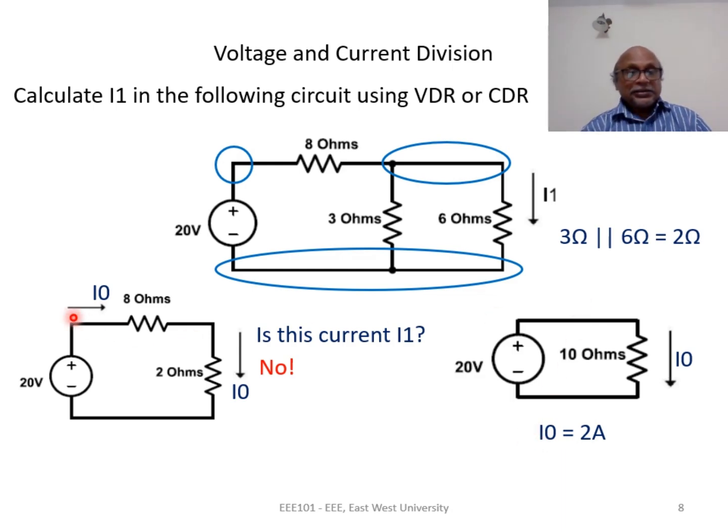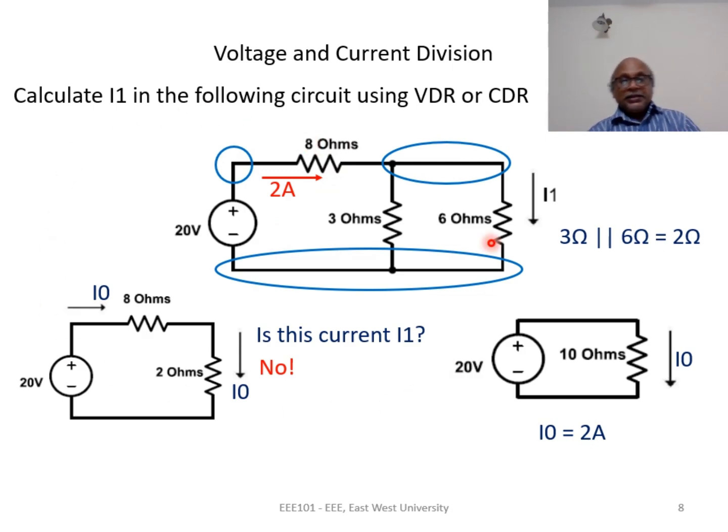Now, I0 is the current flowing through 8 ohms from left to right. And in our original circuit, we have this 8 ohms resistance. So this current and the current through this 8 ohms from left to right must be the same because they are the same circuit elements. So we can argue that the current through this 8 ohms flowing from left to right is also I0, which is equal to 2 ampere.